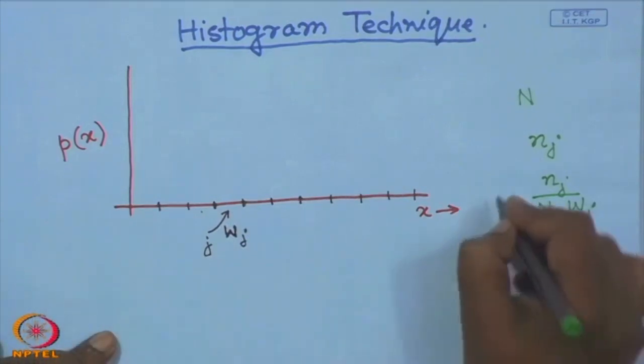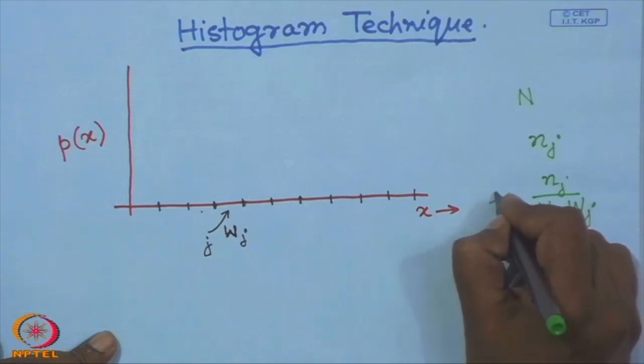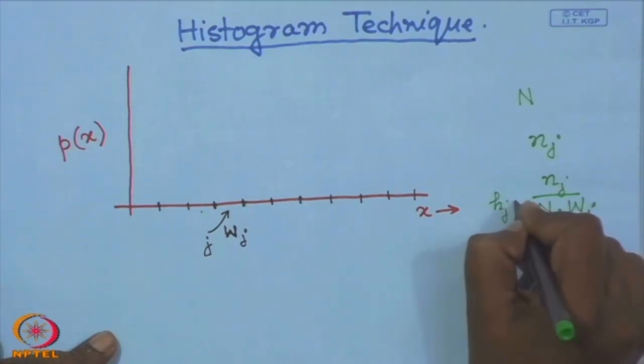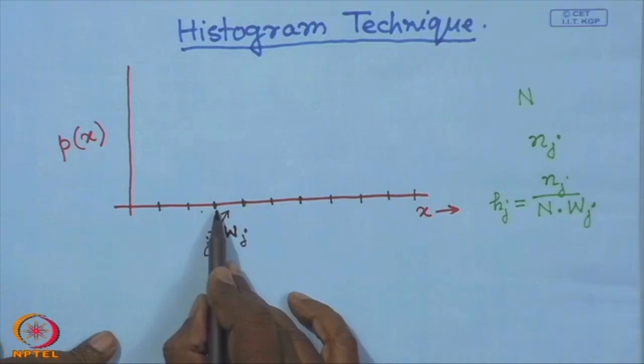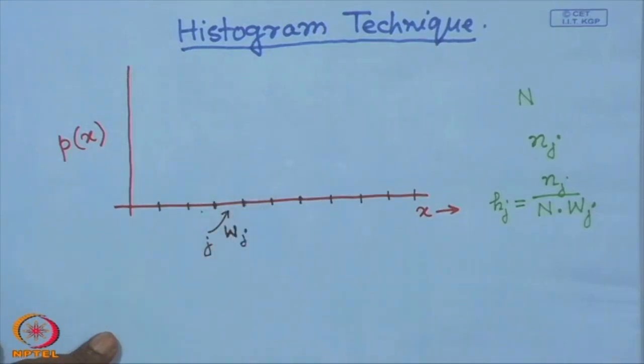And this is what will give me the h_j or height of the bar representing this probability density function.